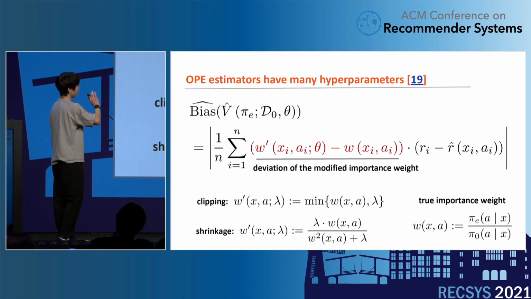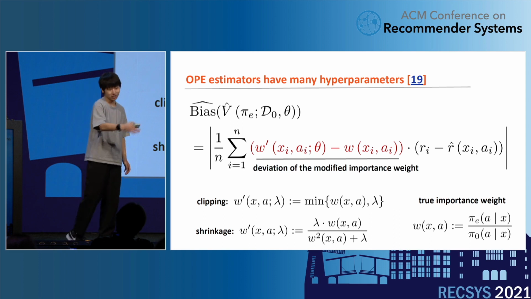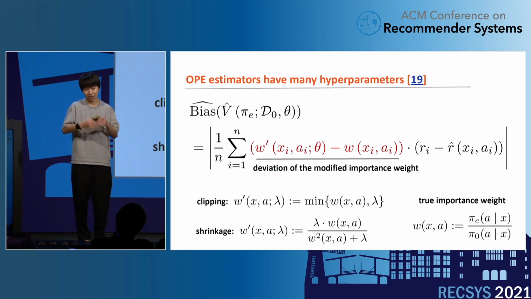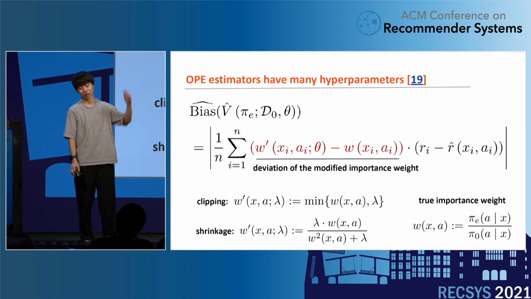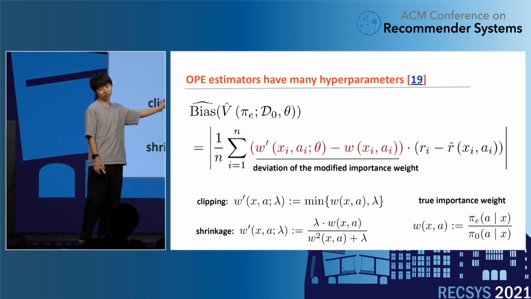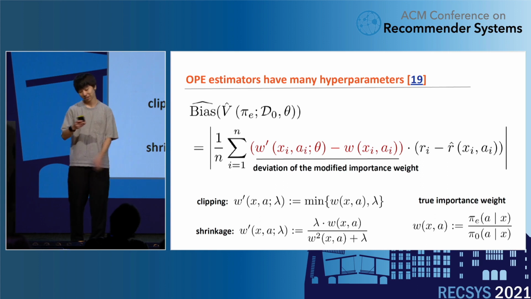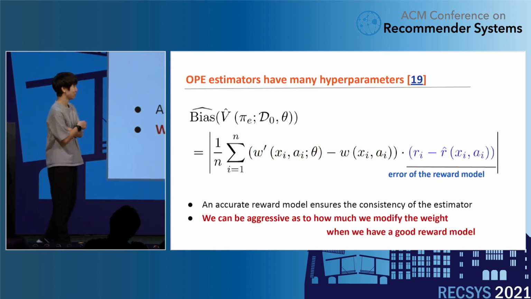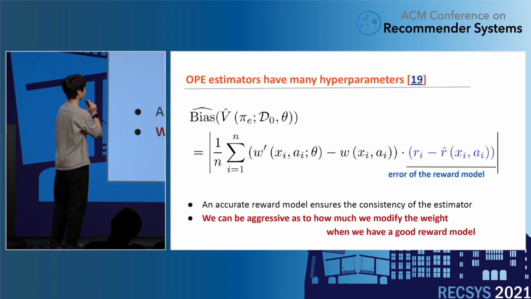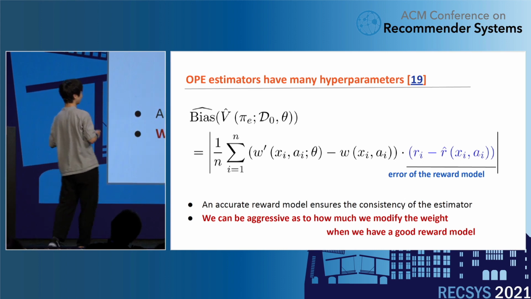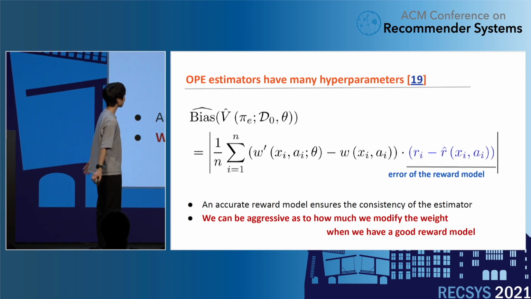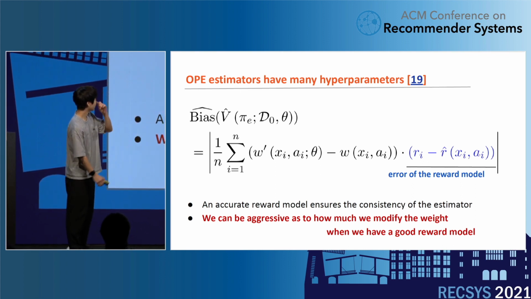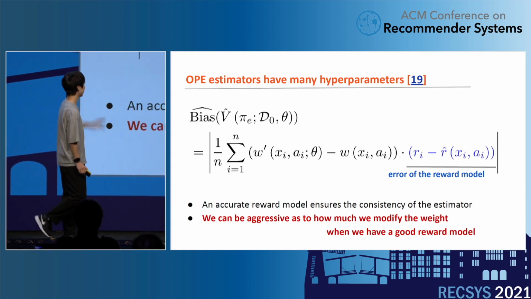I think this is very reasonable, because the true importance weight leads to an unbiased, zero bias estimate. So when we aggressively modify the importance weight, we should have larger bias. That's what this first component is saying, and I think it's very intuitive. But there is another component, which is the blue part. This is the estimation error of the reward predictor. I think it's a little bit unintuitive to have this term in the bias estimator.